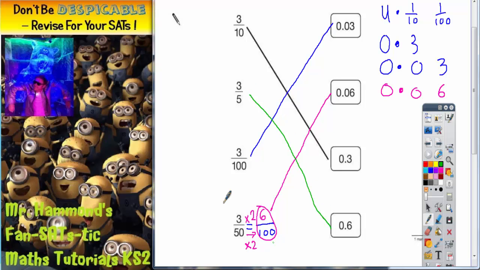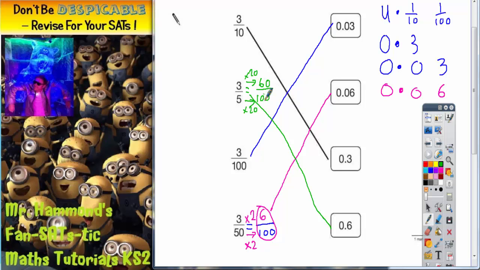But let's have a look why. Well, there's a couple of ways of thinking about this. You could think that to get from 3/5 to hundredths, you would have to times 5 by 20. 5 lots of 20 makes 100, so 3 lots of 20 would make 60.